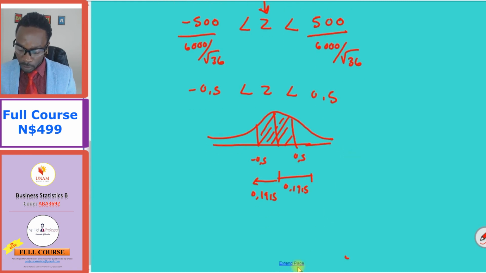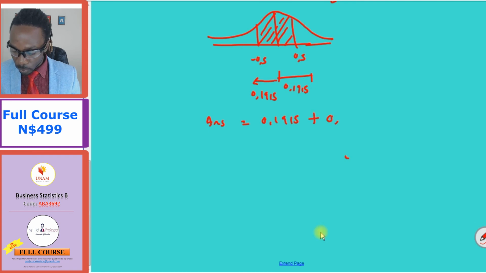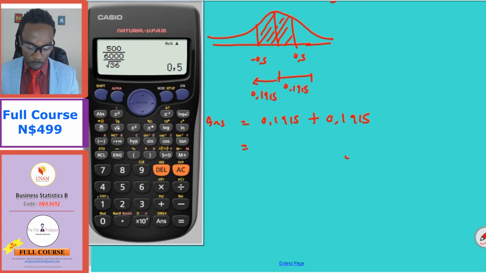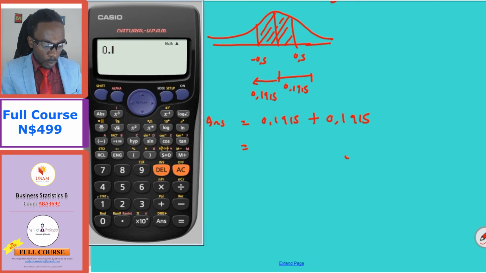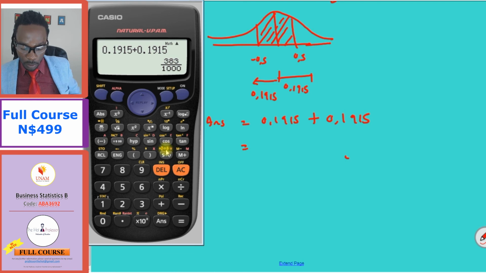So at the end of the day, our final answer is 0.1915 plus 0.1915, which we know is 0.383.